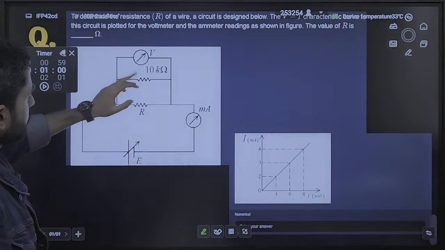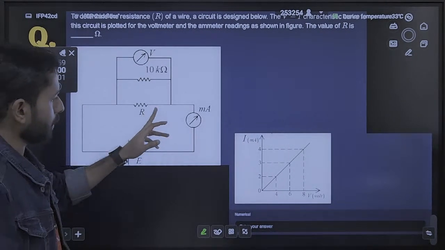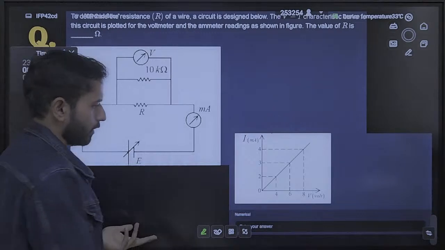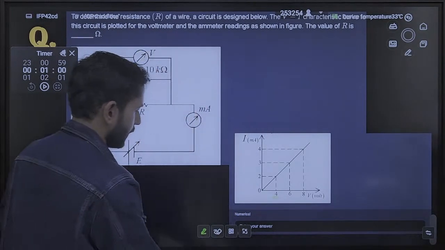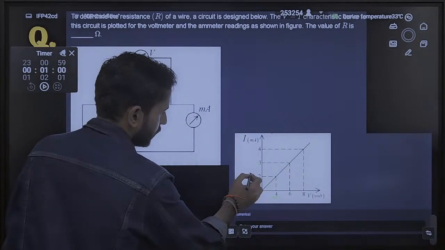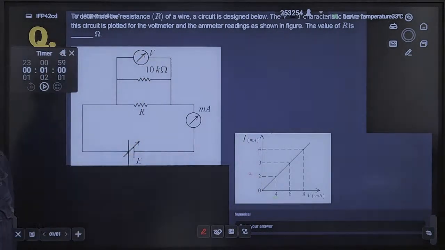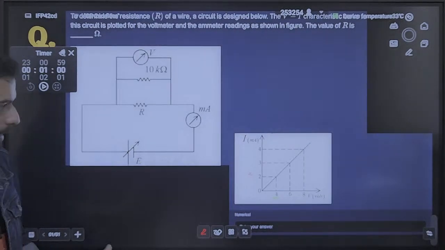Ammeter is connected, voltmeter is connected. Let's take 4 volt at this moment. Let's say a 4 volt battery is connected. What is the current corresponding to that? 2 milliampere. Correct? That means I can use V is equal to I into R at this moment.